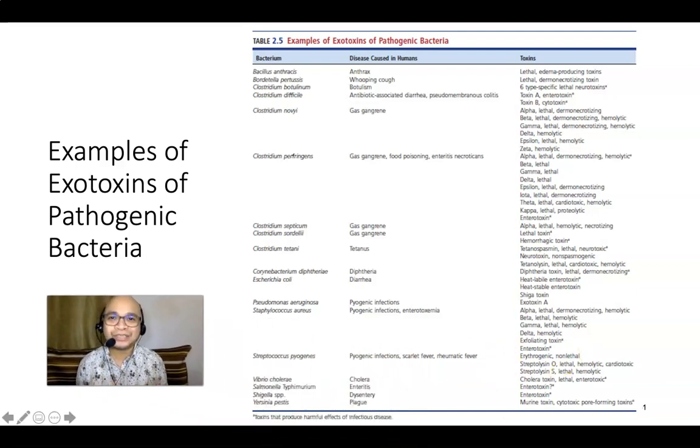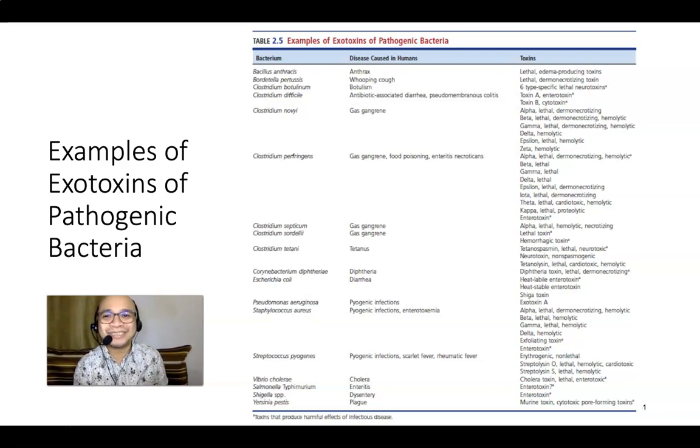Most of these are gram-positive bacteria, although there are some gram-negative bacteria that may have exotoxins. For example, anthrax from Bacillus anthracis, and Bordetella pertussis, which will cause whooping cough. The Clostridium botulinum toxin is one of the most potent in the world, an example of a neurotoxin.